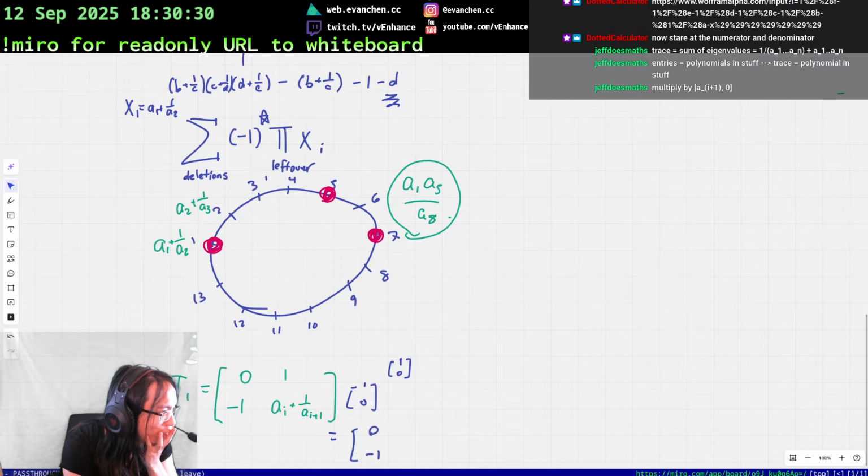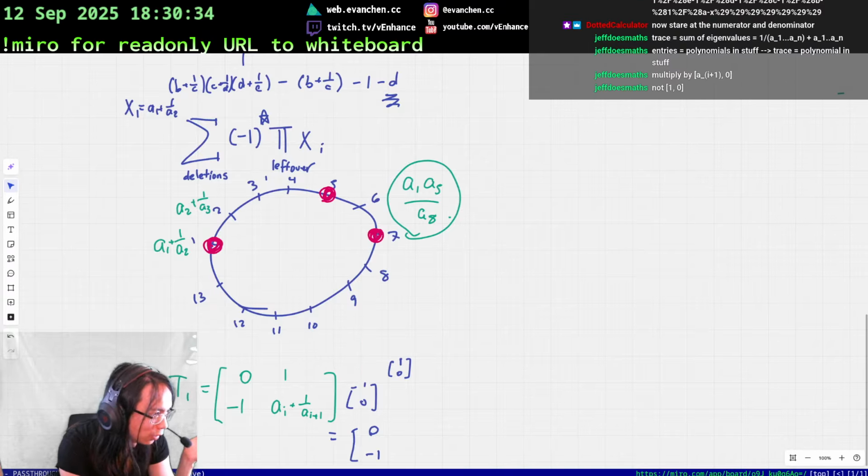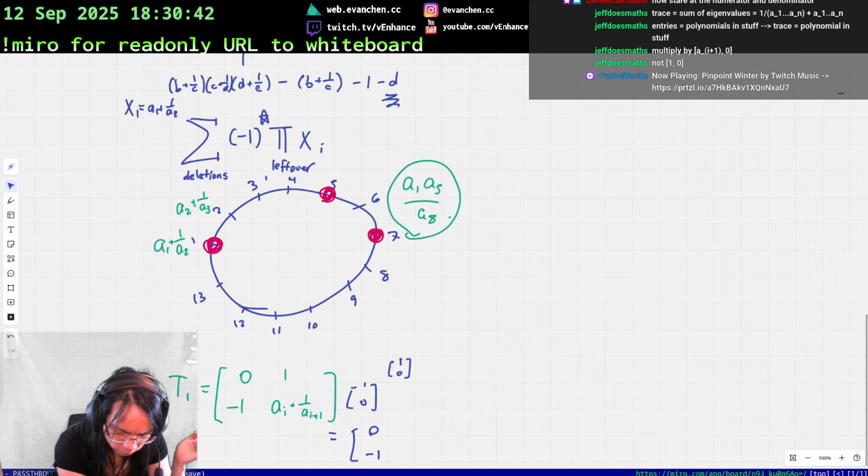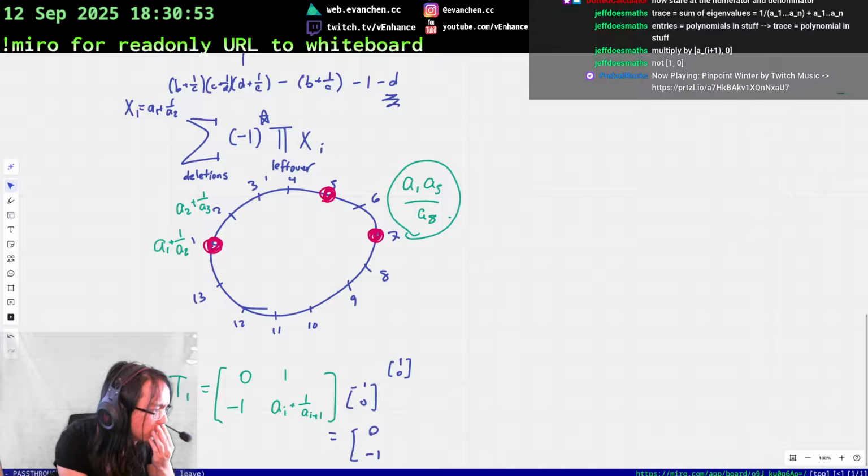Are you sure you gave me the right eigen? So I read the determinant is 1. You told me 1 comma 0 is... Did I copy the matrix wrong? 1 comma 0 doesn't look like it's an eigenvector. Something's wrong with the eigenvector, I think, right?